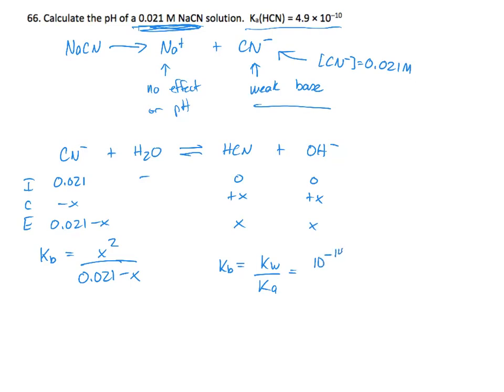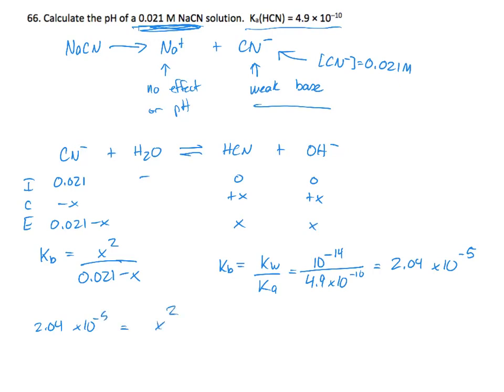Kw is 10 to the minus 14 divided by 4.9 times 10 to the minus 10. And that gives us a value for Kb of 2.04 times 10 to the minus 5.